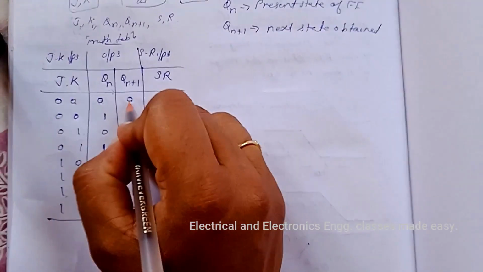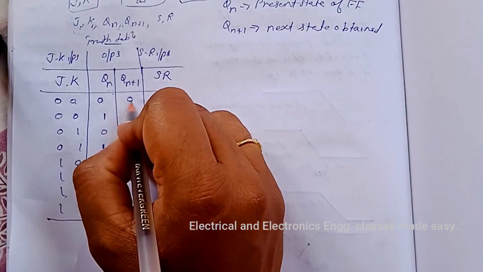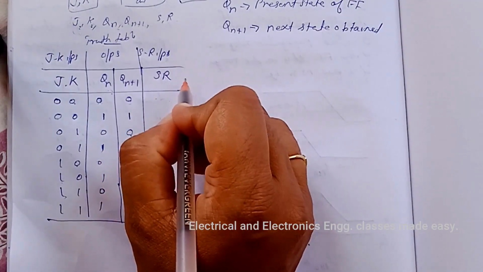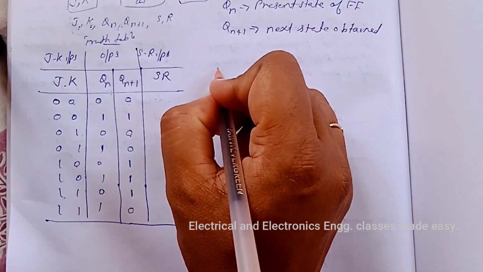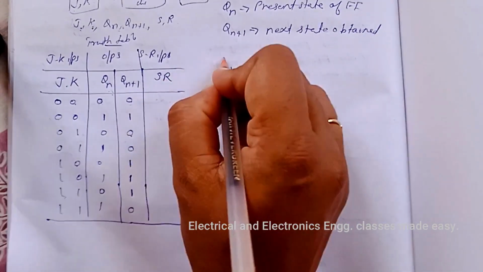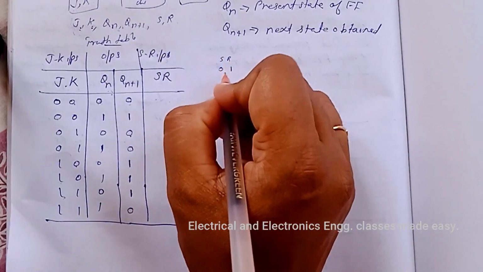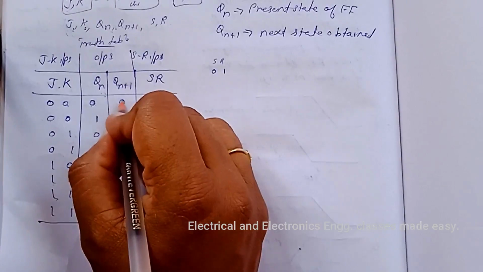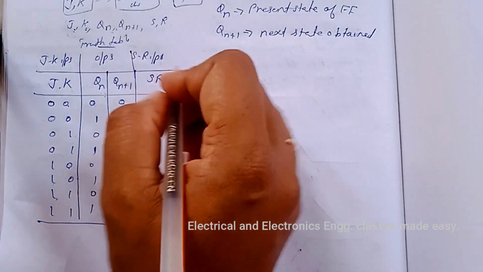So to obtain output 0, what will be the values for S and R? So it may be 0 and 1, that is S and R. For S 0 and R 1, the output will be 0.